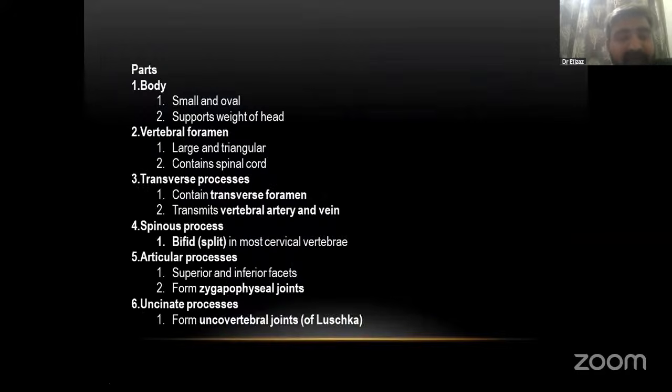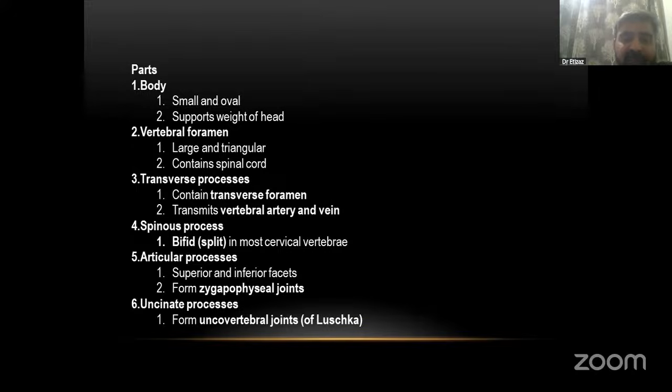when we talk about the typical vertebra, the body is small and oval as compared to C1, C2, and supports the weight of the head. The vertebral foramen is large, triangular, and contains the spinal cord. The transverse process is well developed and contains the transverse foramen, with the vertebral artery and vein. The spinous process is well developed and is bifid, that is split.